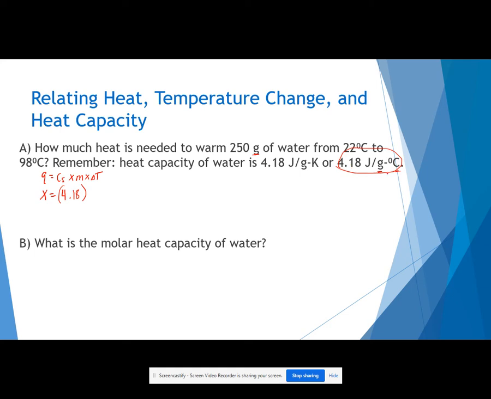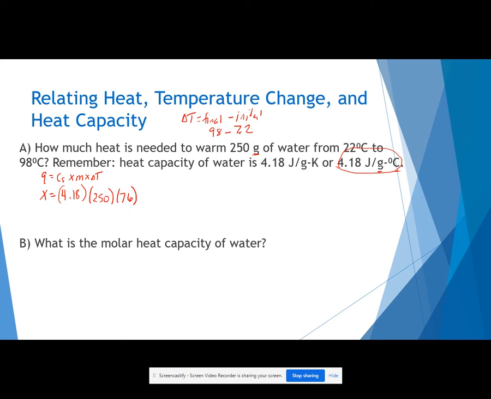Remember, our masses have the same, so gram and gram, we're good to go. And the last thing we have to do is change in temp. So remember, change in temp, delta T, is final minus initial, which means I have to take 98 minus 22. And when you do that, you get 76.